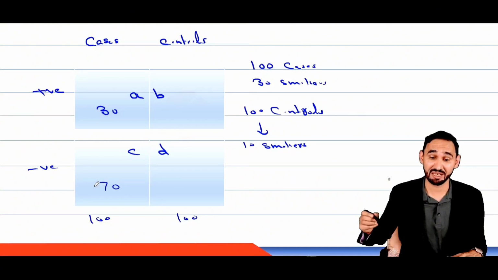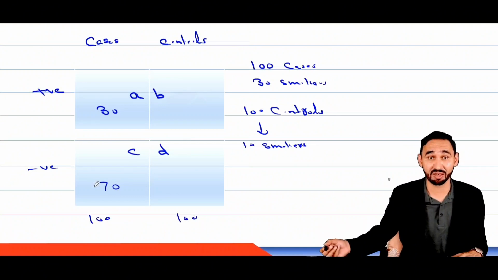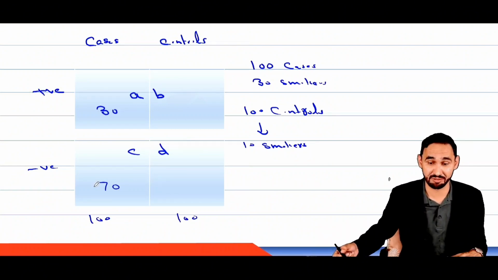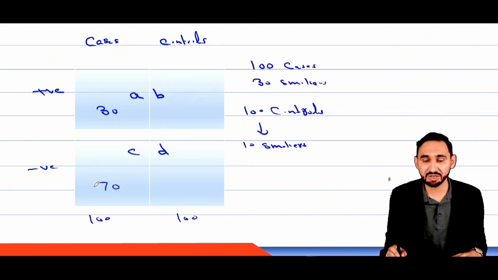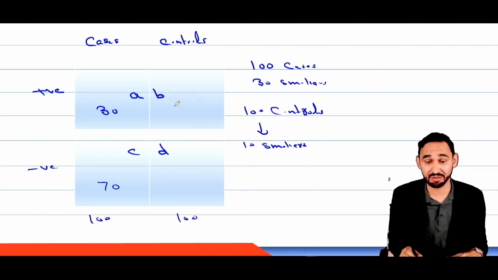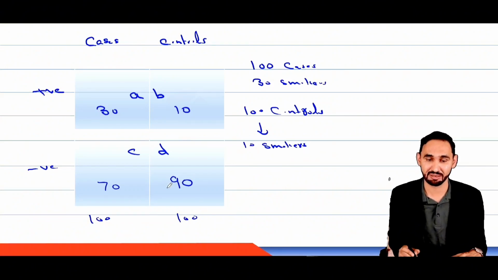This means that among 100, 30 were smokers, or 30% were smokers, and the remaining were non-smokers. Among controls, 10 were exposed, or 10 were smokers. So we subtract 10 from total controls. The answer is 90. We will write 90 here.